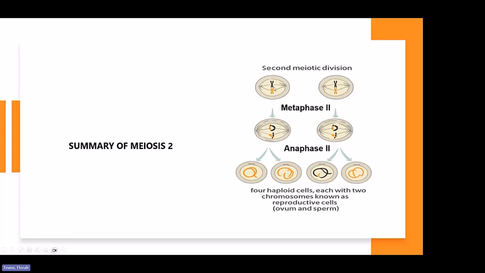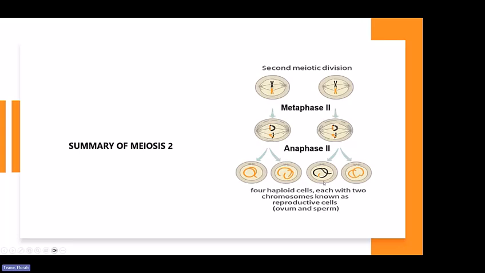They arrange themselves at the equator, and two cells are being indicated. These are the end product of meiosis 1. And in anaphase 2, the chromatids are being separated. This is caused by the breaking of the centromere, which attaches the two chromatids and also attaches these chromatids to the spindle fiber.